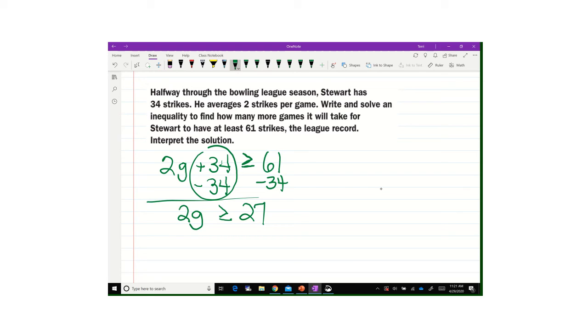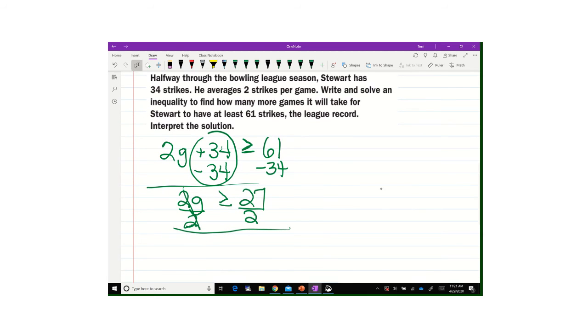This is a multiplication problem now, so I'm going to undo it by dividing both sides by the coefficient. Coefficient is 2. 2 divided by 2 is 1. And 1G is still just G. We're going to keep our symbol greater than or equal to. And then 27 divided by 2 is 13.5.